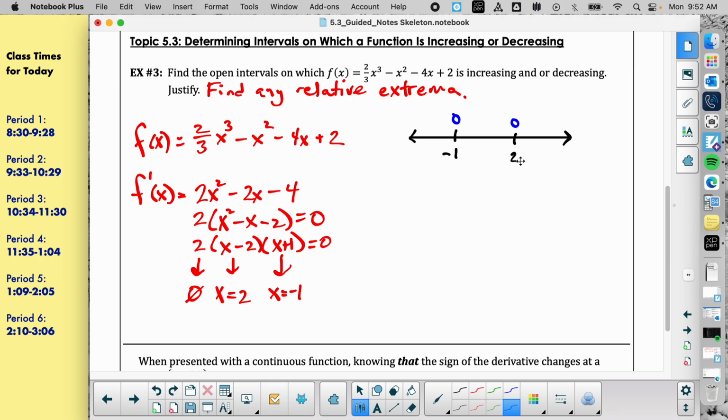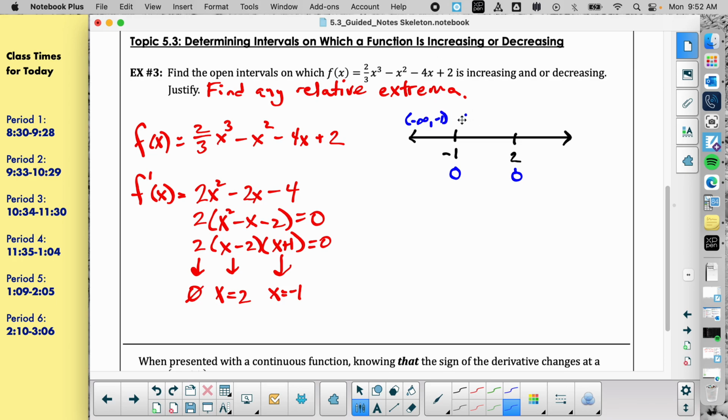How are we going to figure out what the slope is in my sections? Because I see that my graph has 3 pieces. This first piece, oh shoot, I wrote the 0 in the wrong spot. Not that it matters that much. My first interval is from negative infinity to negative 1.